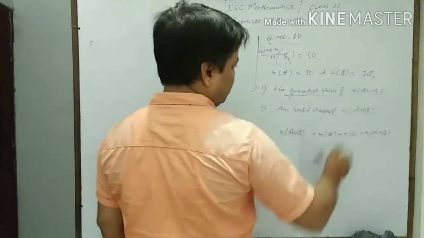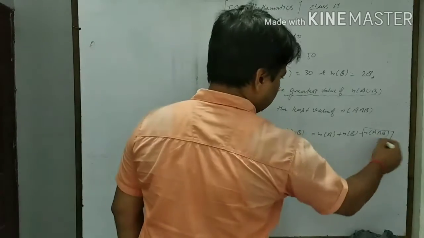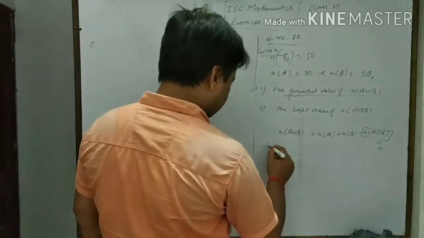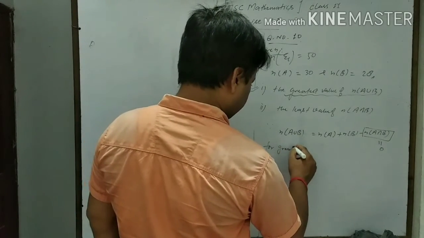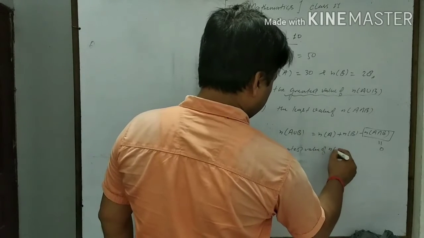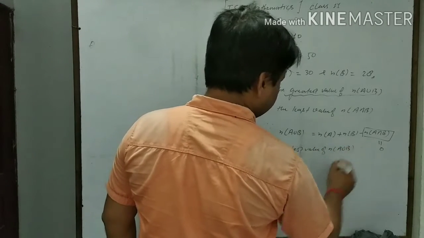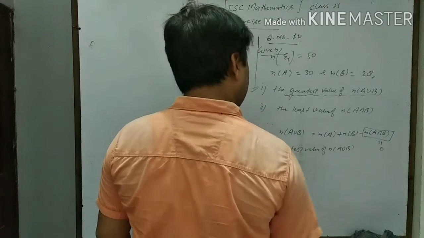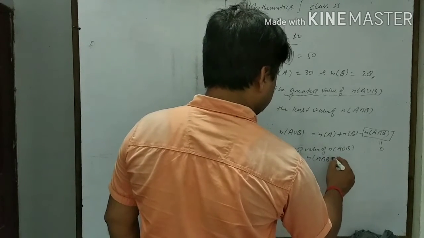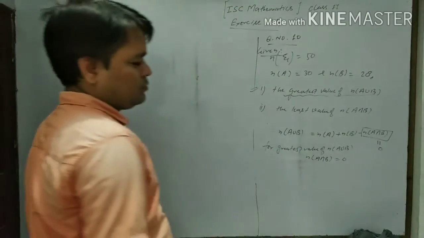So here it is only possible if this value is equal to 0. So for the greatest value of the cardinal number of A union B, the cardinal number of A intersection B should be equal to 0.